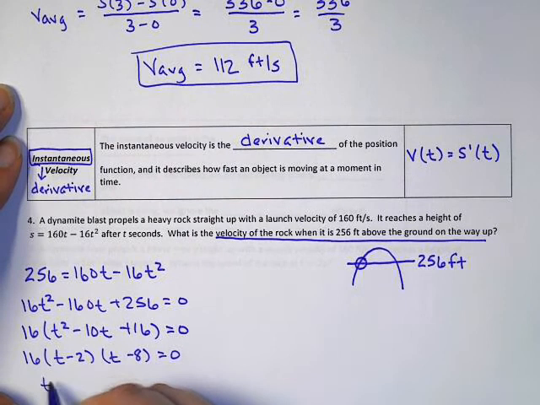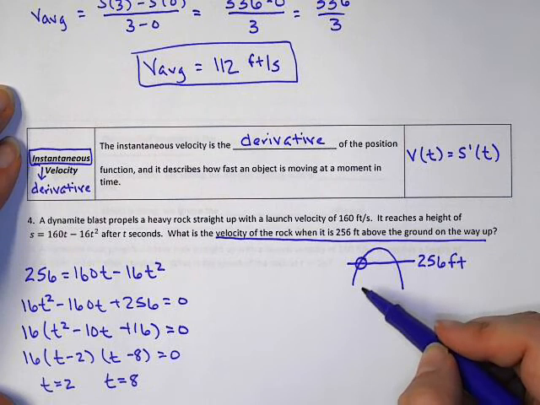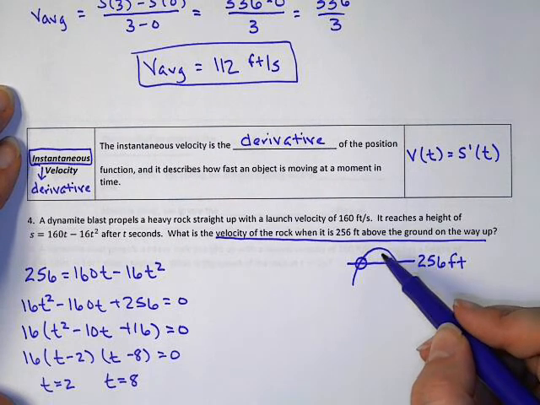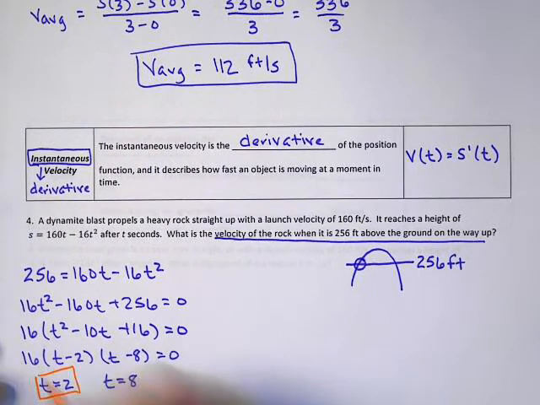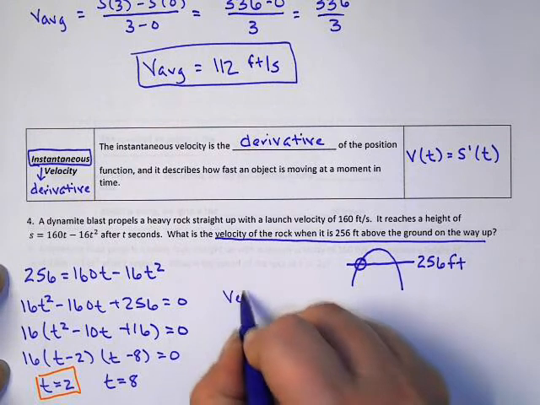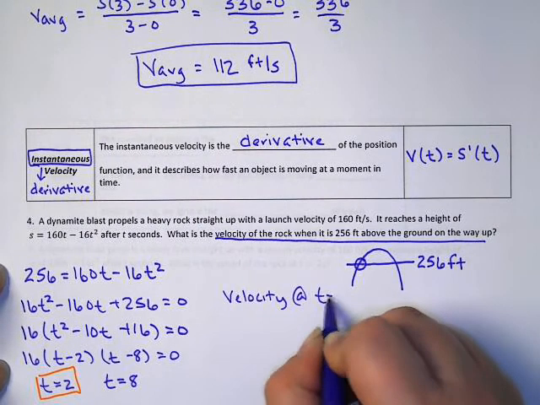So we get that t is equal to 2 and that t is equal to 8. So we know then we're looking for when it's 256 on the way up, that's clearly got to be at time t equals 2. So really this question is asking what is the velocity at t equals 2.